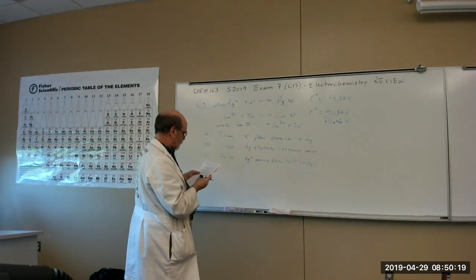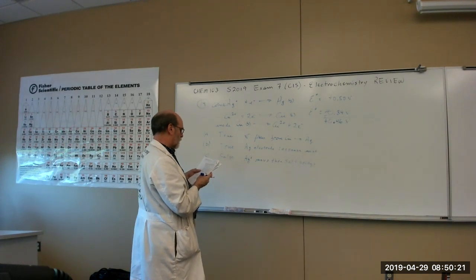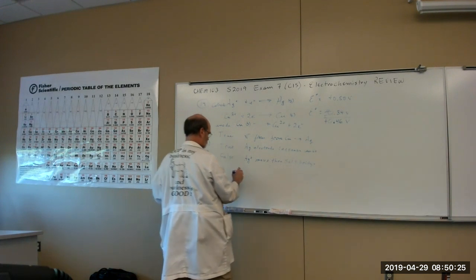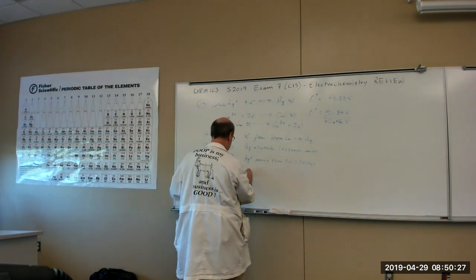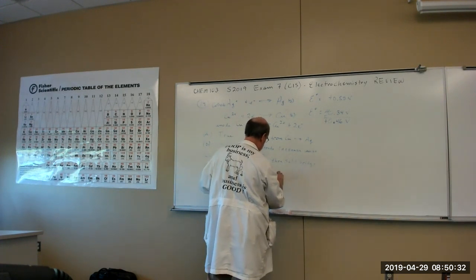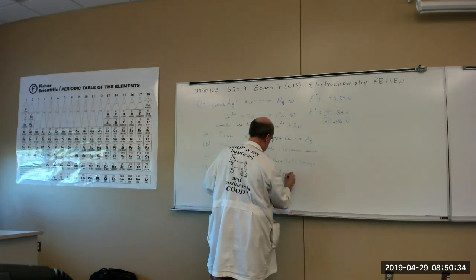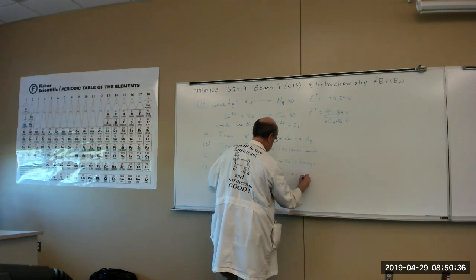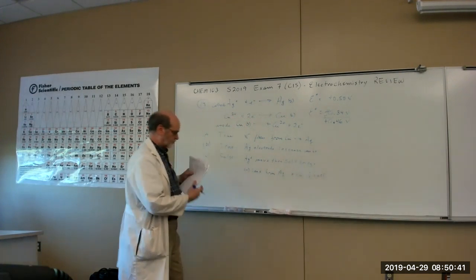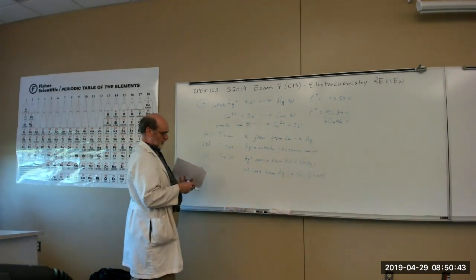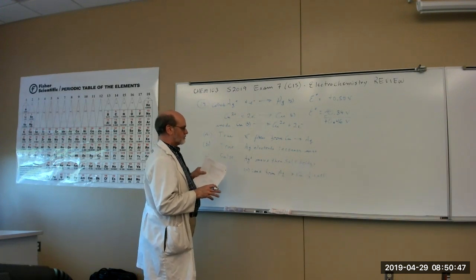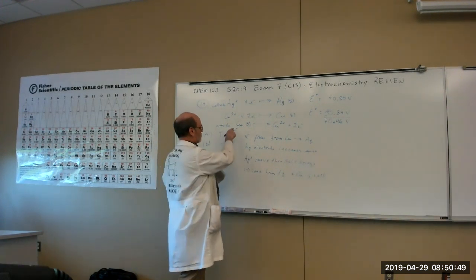Negative ions pass through the salt bridge from the silver half cell to the copper half cell. Let's see. Negative ions from silver to copper half cell. That's true also, simply to maintain the charge. So what are we doing over here?